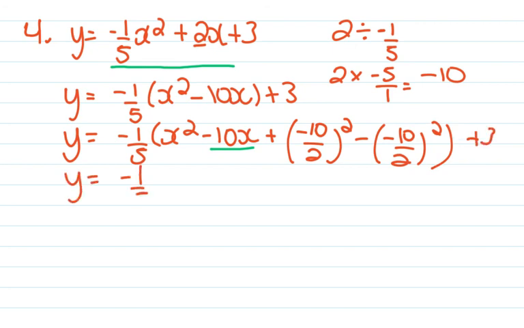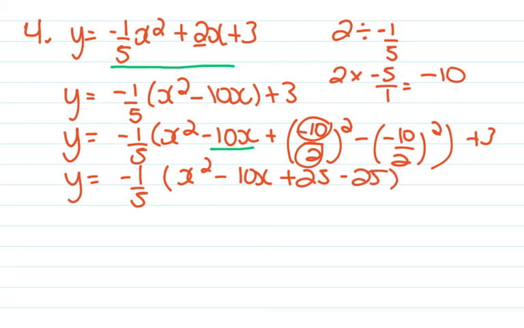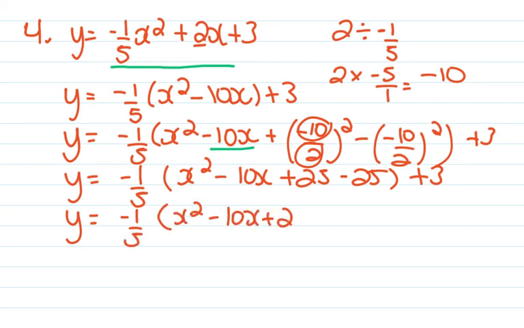Y equals negative 1/5. Let's simplify. X squared minus 10x. Negative 10 divided by 2 is negative 5. Squared is 25. So plus 25 minus 25, bracket, plus 3. Y equals negative 1/5 (x squared minus 10x plus 25).